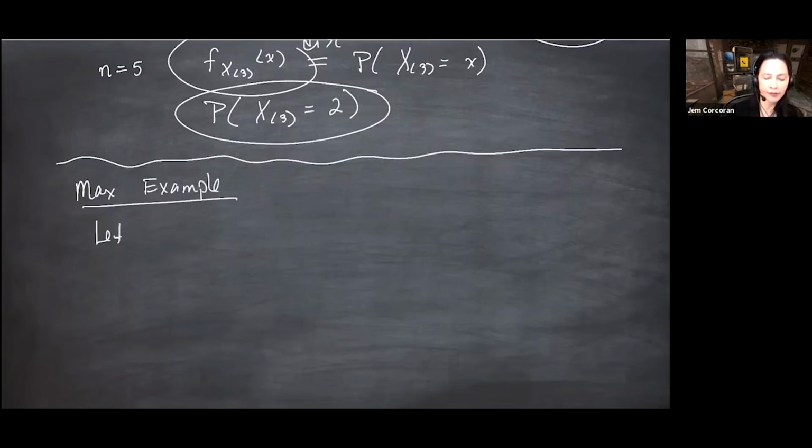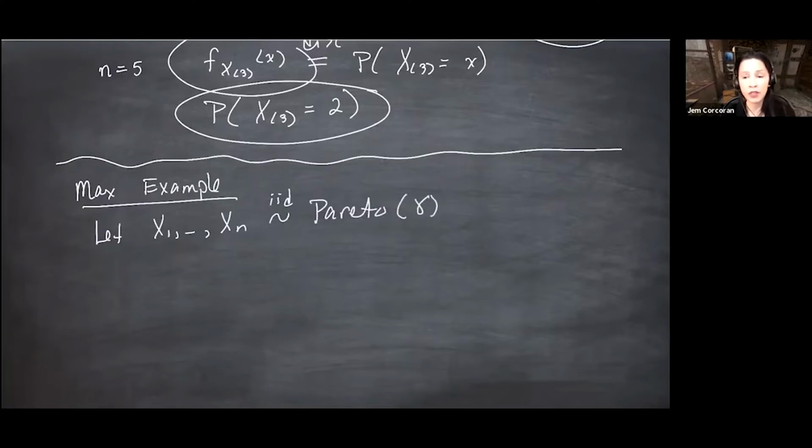I'm going to let x1 through xn be IID from the Pareto distribution with parameter gamma. There is something known as a discrete Pareto distribution, but no one ever uses that or means that unless they say discrete specifically. Okay, so the PDF, if you look up on the table, is f of x.